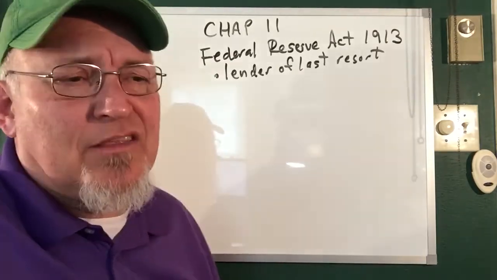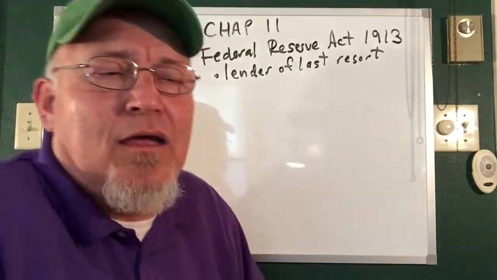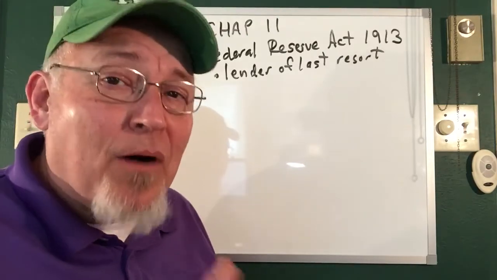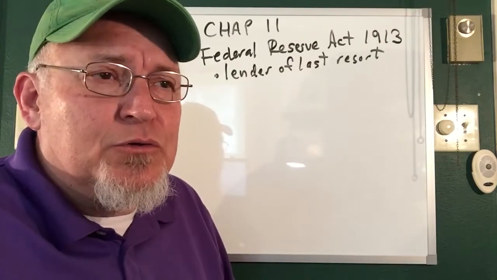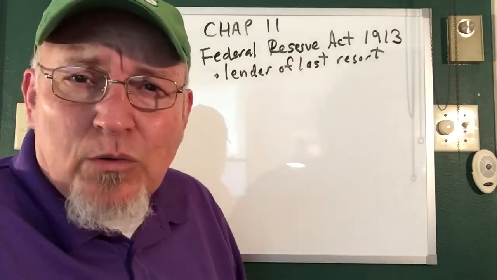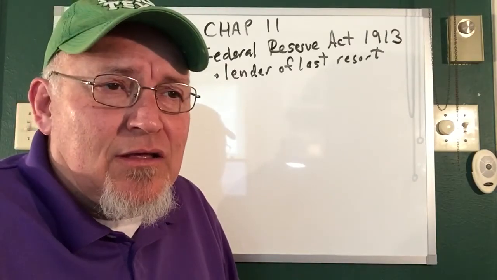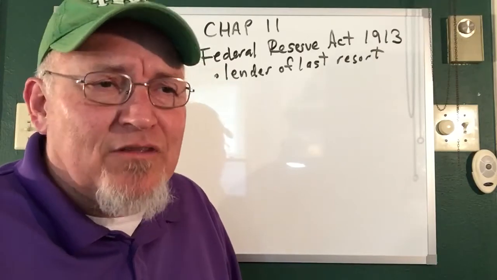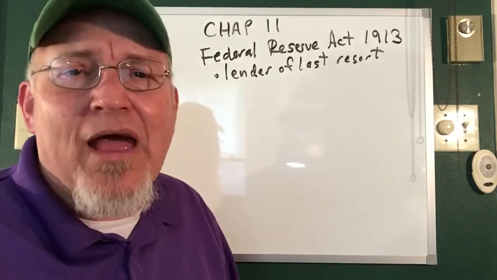And in that respect, the Federal Reserve is a bank, because it does accept deposits and it does make loans. But it does not accept deposits or make loans to private households or firms or businesses. It is the bank that services other banks.